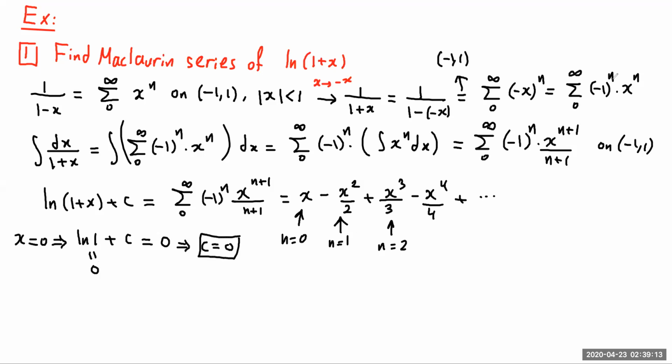So now let's write the last formula here: ln(1 plus x) equals x minus x power 2 over 2 plus x power 3 over 3 minus x power 4 over 4 plus x power 5 over 5, etc. This is on the interval (-1, 1). Okay.